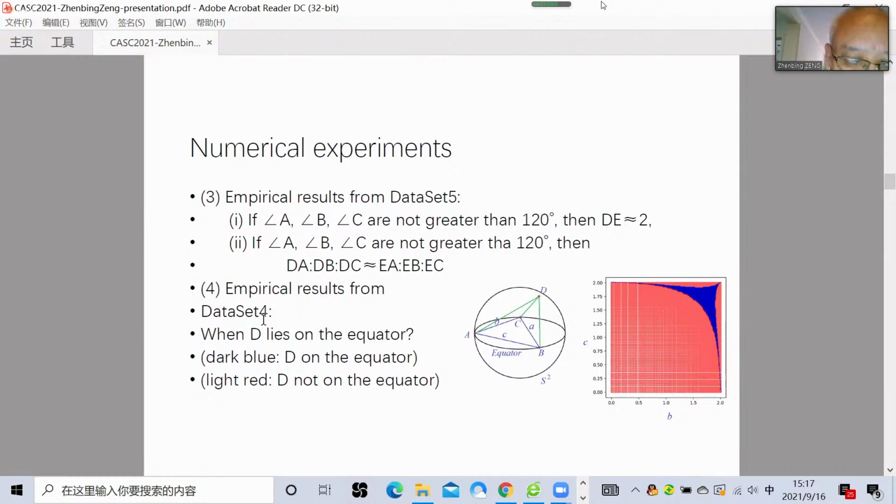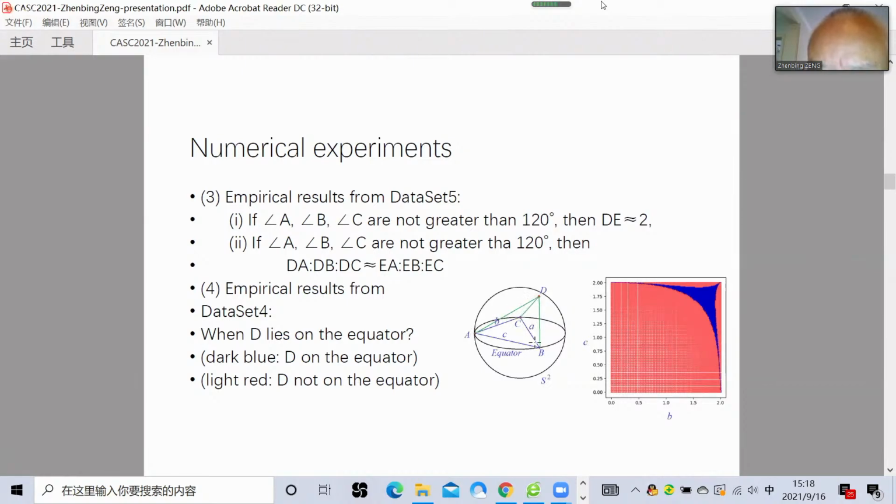Another empirical result from data set 4 is that in a lot of cases, we look for the point D where the sum of the distances dA plus dB plus dC is minimum. Assume A, B, C are on the equator.